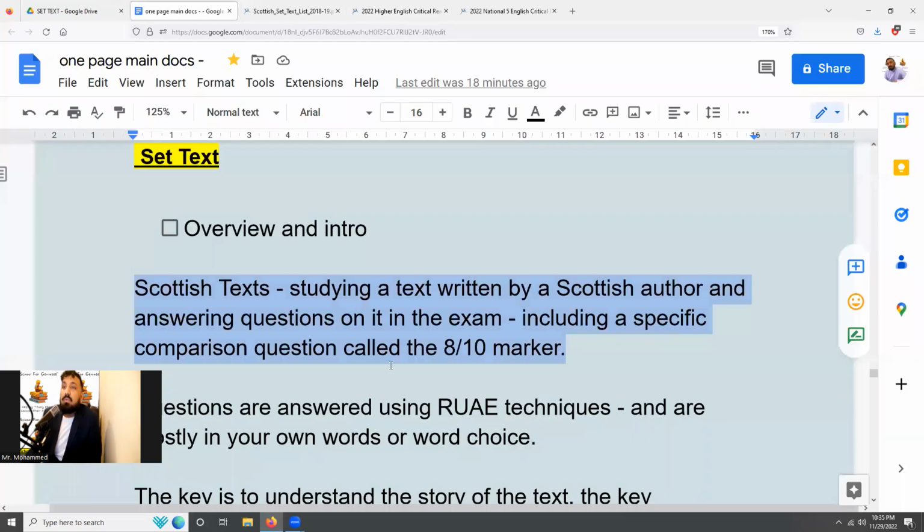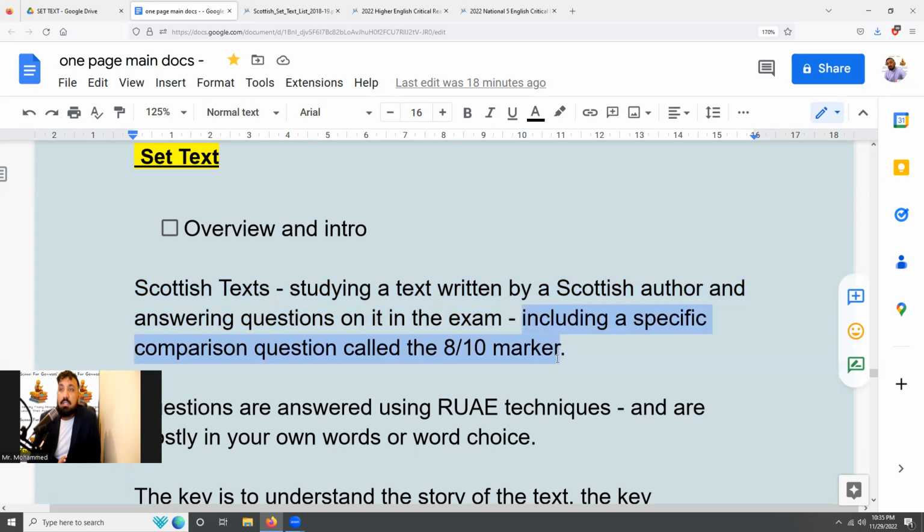Okay, now what is the Scottish text exam? Scottish text is studying a text written by a Scottish author, answering questions on it, and then it includes a specific comparison question, often referred to as the 8-mark question at Nat 5 and the 10-mark question at Higher.